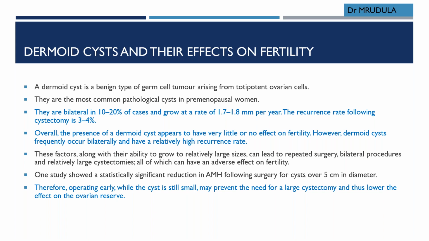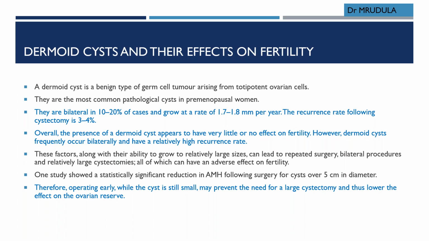In one study, they showed a statistically significant reduction in AMH if the operated cyst is more than 5 centimeter in diameter. So if cystectomy is done for a cyst of more than 5 centimeters, the AMH levels will decrease after the surgery.